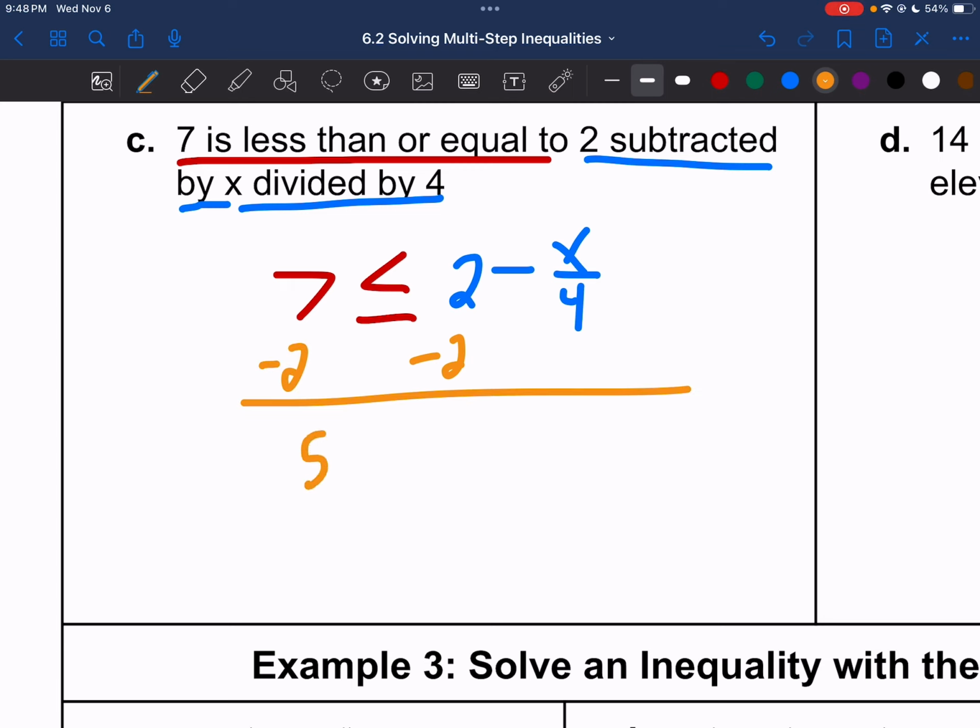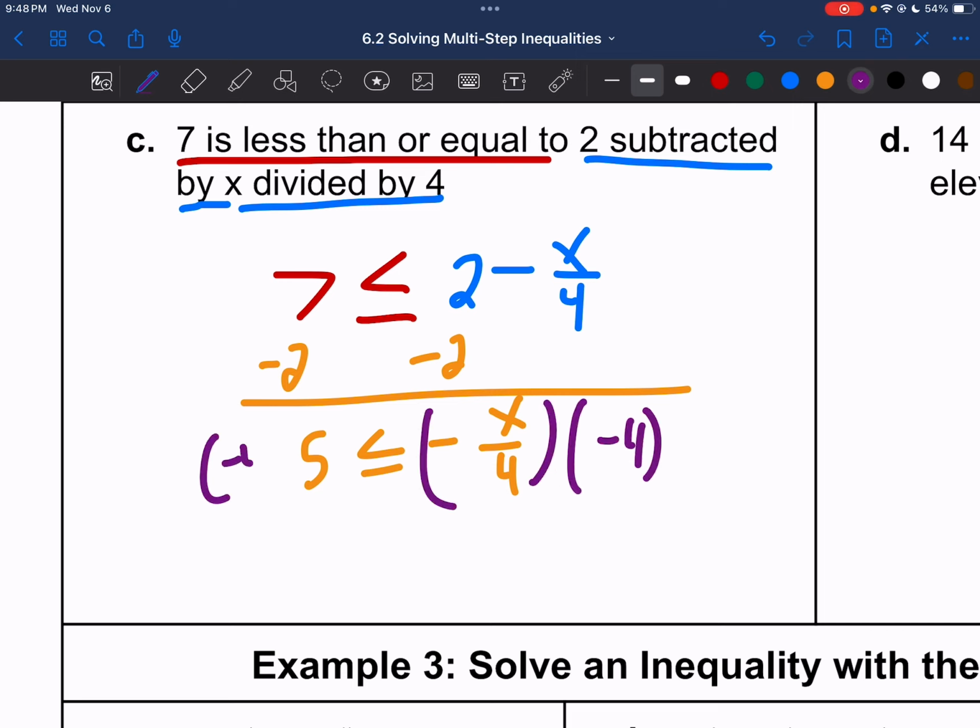We get 5 is going to be less than or equal to negative x over 4. And then our next step, we're going to multiply both sides by negative 4. And we get negative 20 is less than or equal to x. And actually not less than or equal to, negative 20 is going to be greater than or equal to x because we multiplied by a negative number.